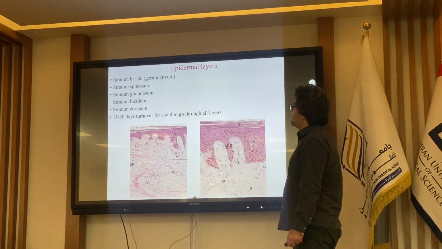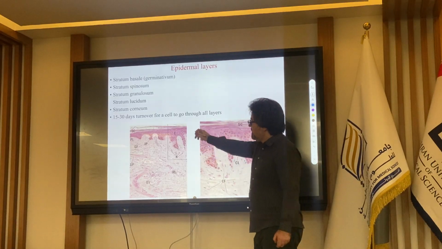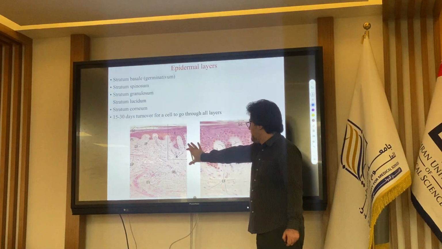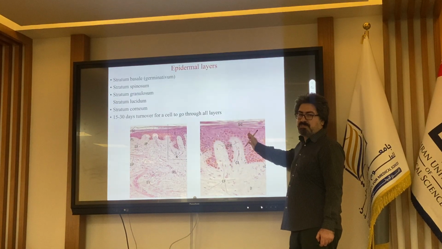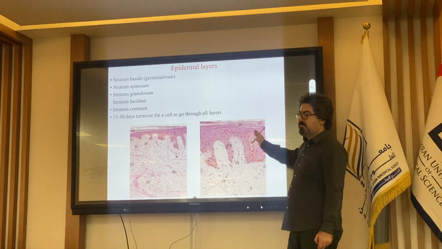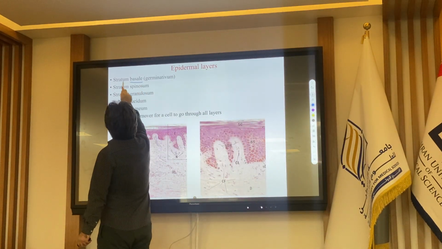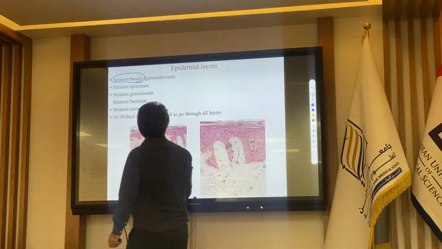Now look at this picture. Here you can see the epidermis, and this part is dermis. As you can see, the epidermis has different layers. The first layer is known as basal layer or stratum basale.